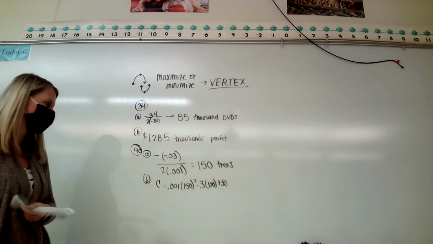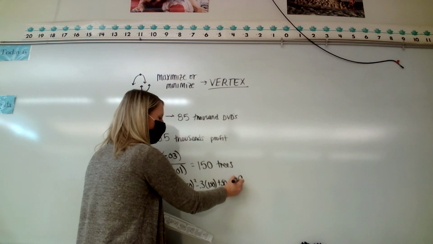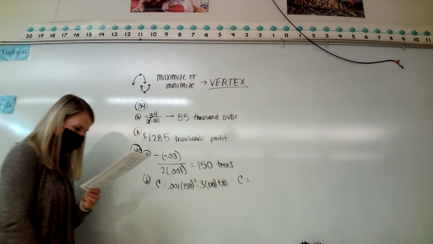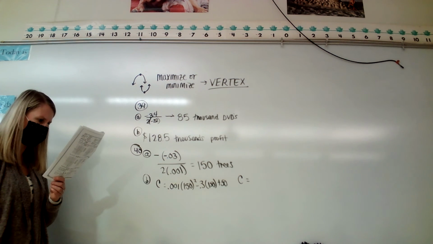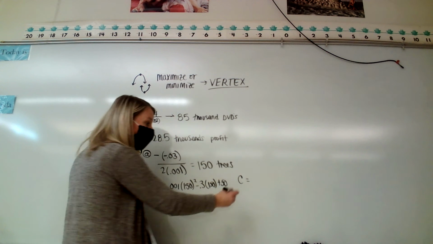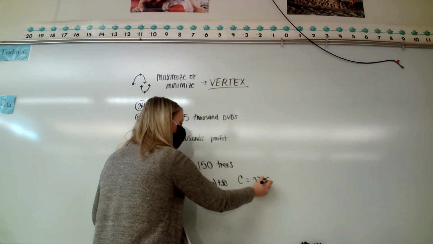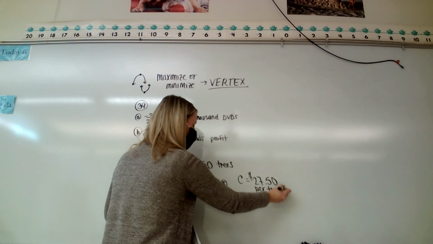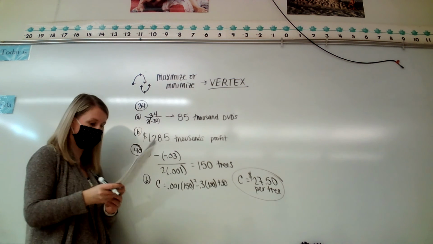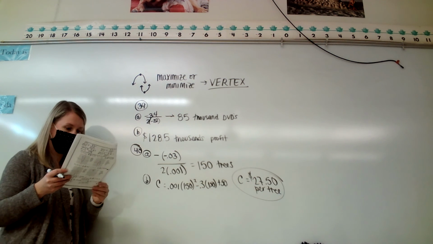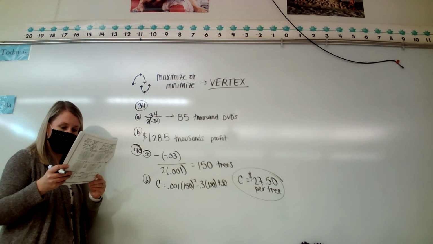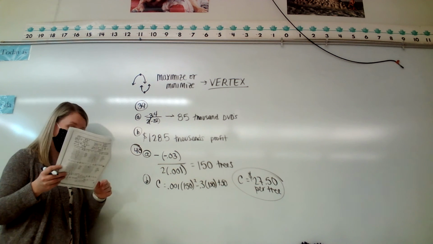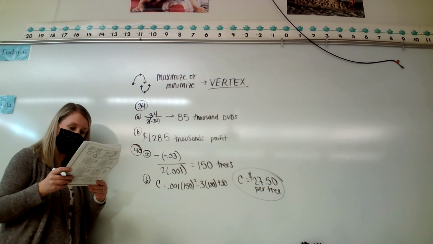And once again, you're just throwing that into a calculator to find your C. And that is 2750. Okay, that's not bad. No, that's it. I'm sorry, I thought there was another part. That's actually just the next problem.